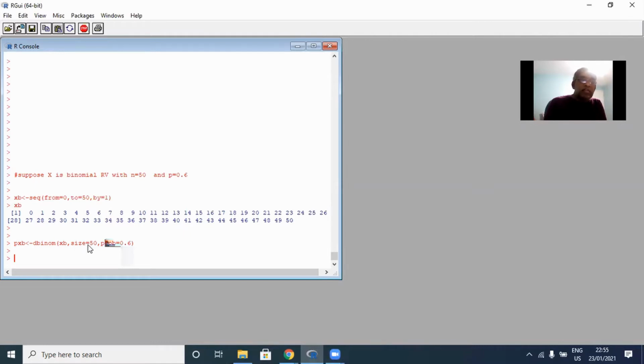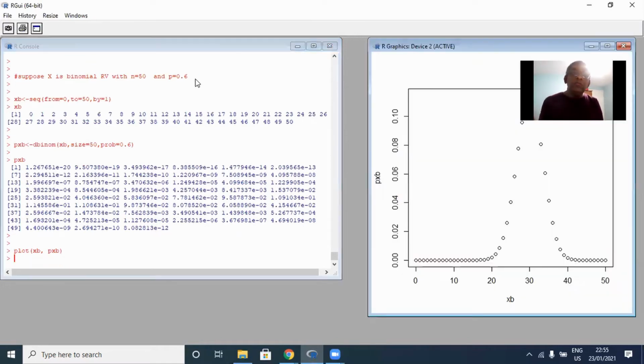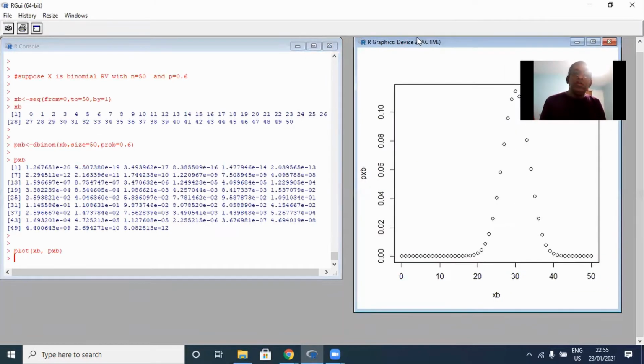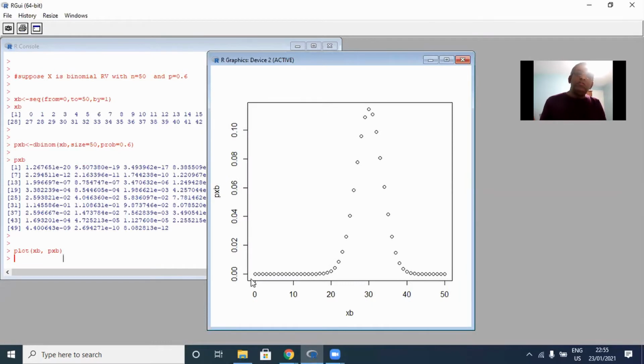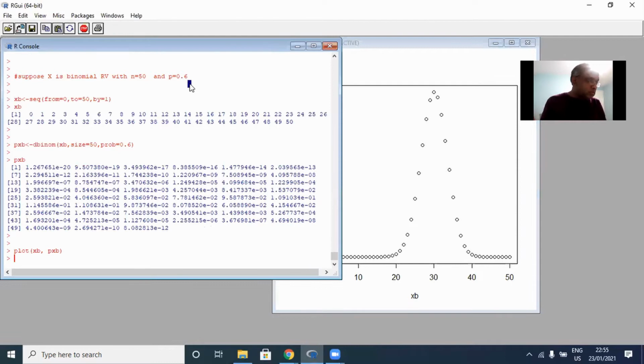If you type pxb, these are the density values of the binomial random variable with parameters 50 and 0.6. If you plot xb, pxb, you see this plot here. This is the probability mass function of a binomial random variable with size 50 and probability 0.6.